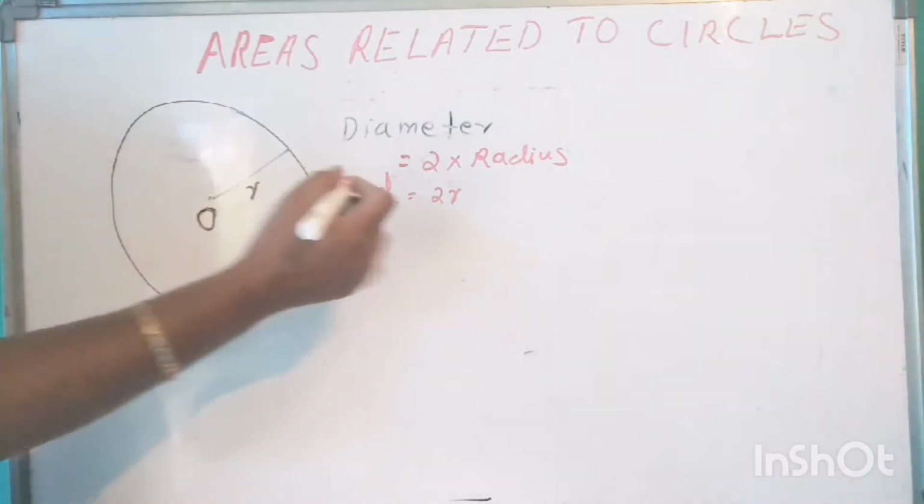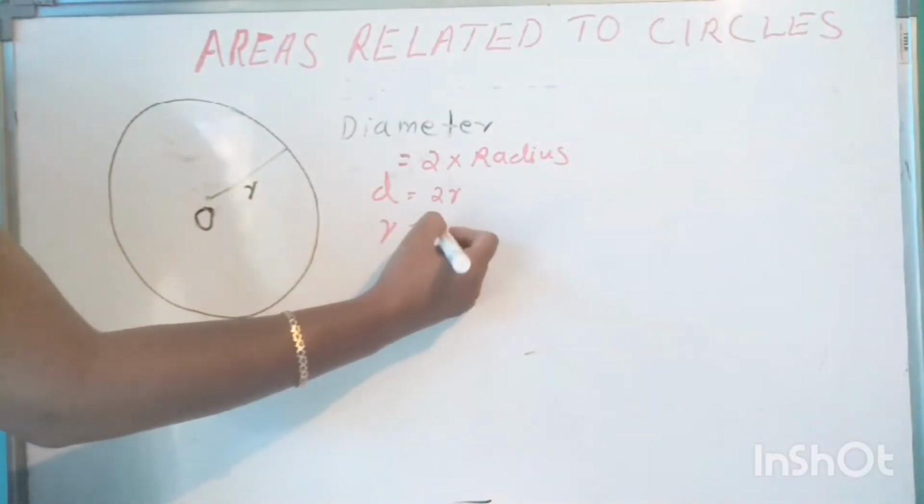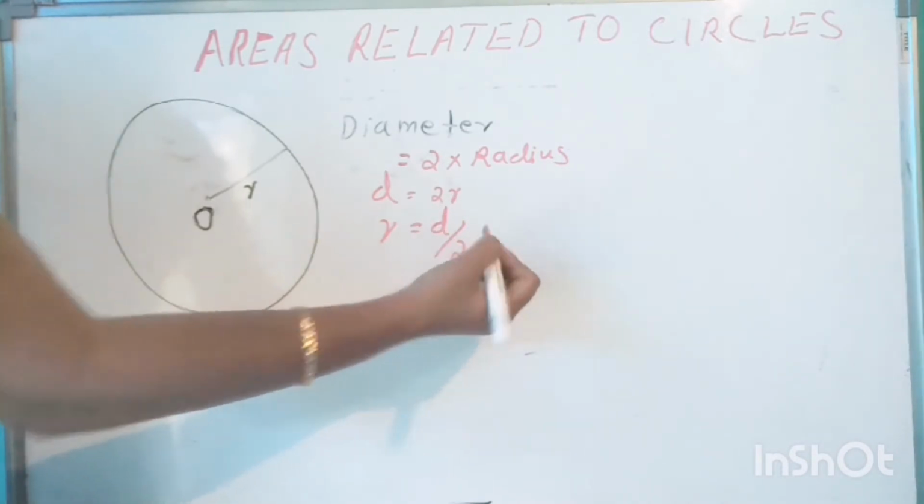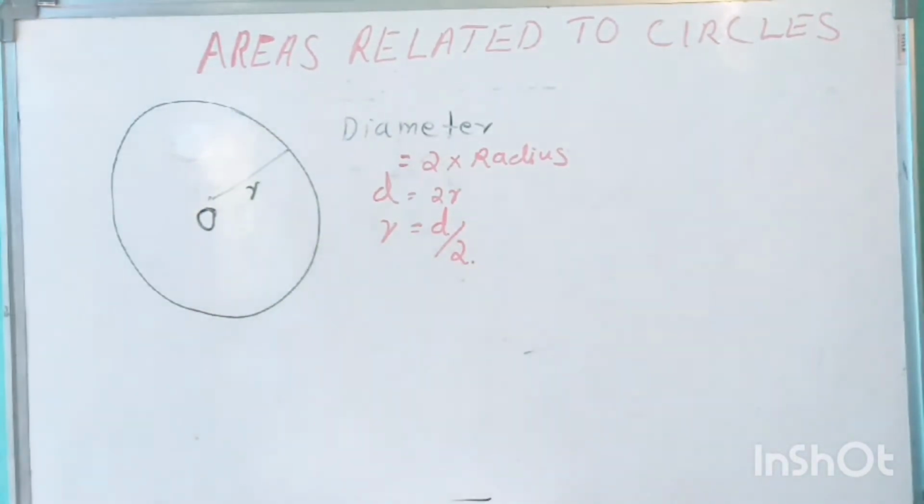Or we can write radius is equal to diameter by 2. If radius is given and you need the diameter, we use d equals 2r. And if diameter is given and you want the radius, then diameter by 2 is our radius.